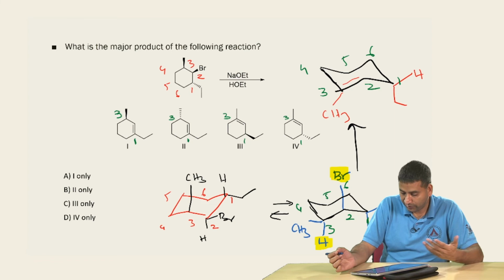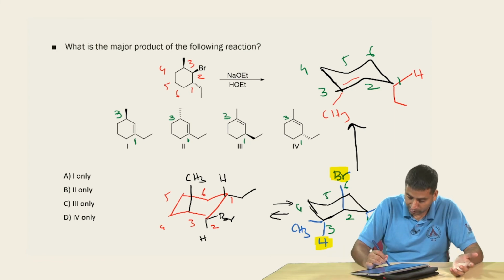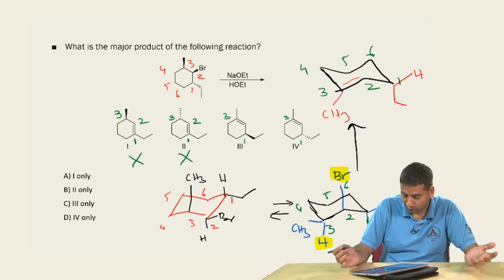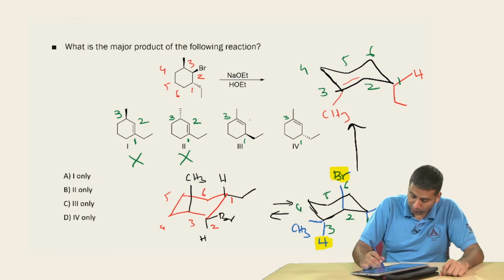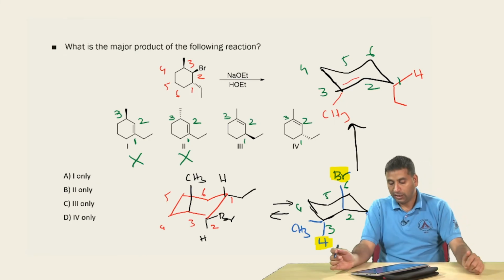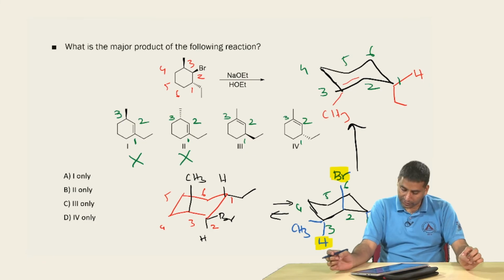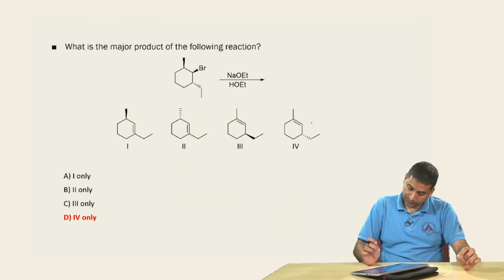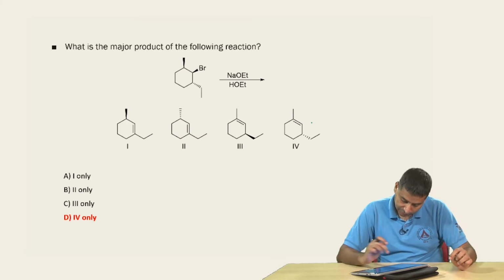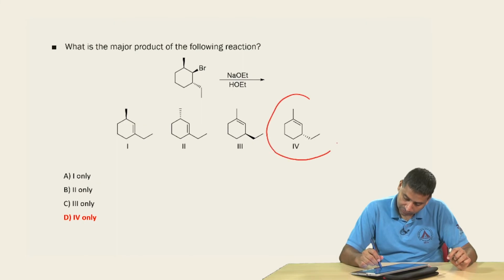So, as we have seen, the double bond is between carbon 2 and carbon 3. So, therefore, I can remove these two choices, that is, these two choices are absolutely unlikely or not possible. So, the only two possibilities are these two over here, and so if we look at it, the relative orientation of the product, we can see here that the product that is going to be formed is this.